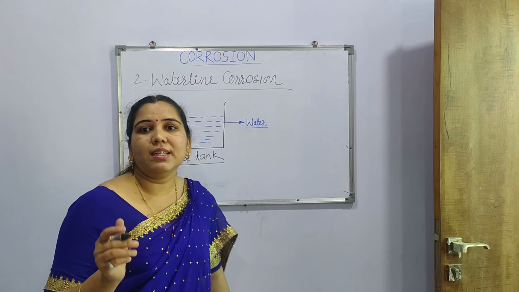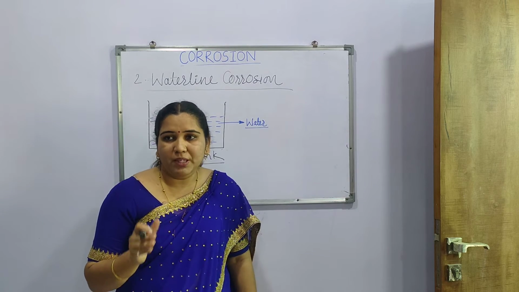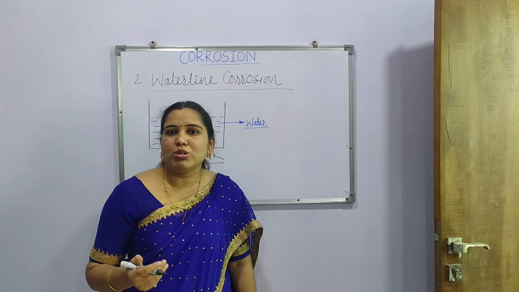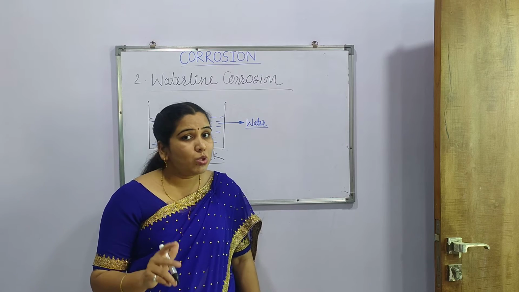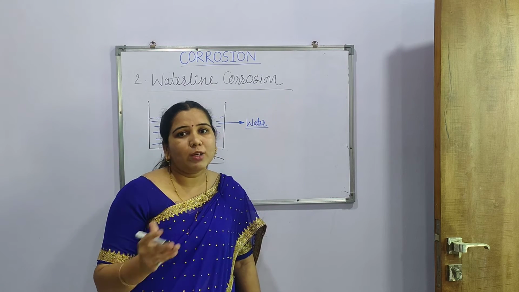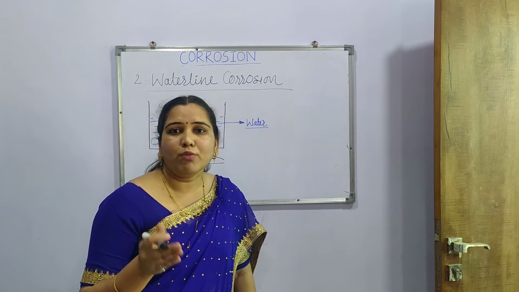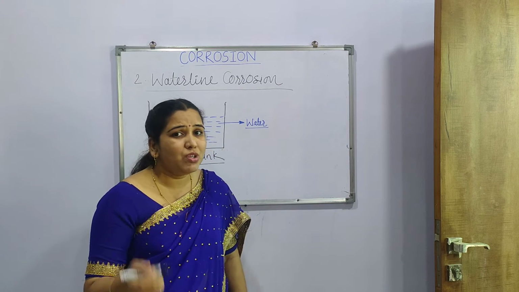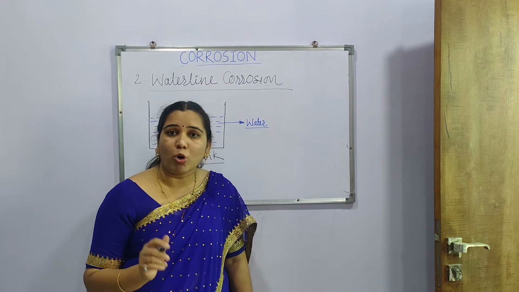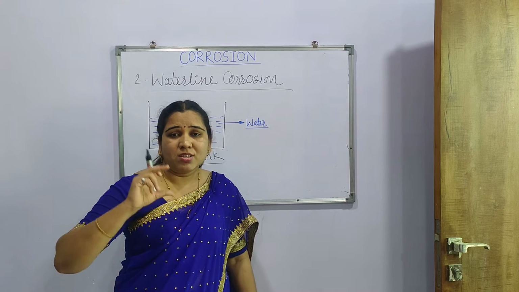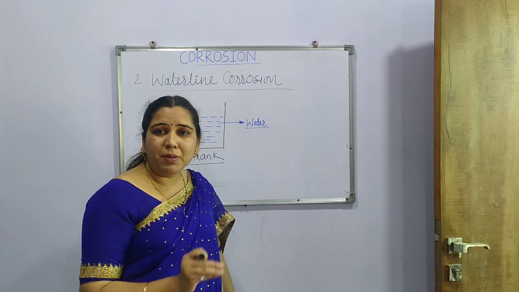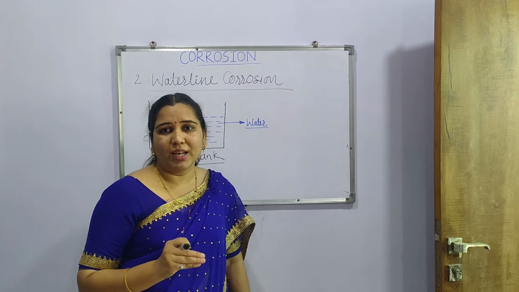We have already seen that in electrochemical corrosion, or wet corrosion, there are two types: galvanic and concentration cell corrosion. In concentration cell corrosion, the differential aeration method, a strip of metal is partially dipped into the electrolytic medium.